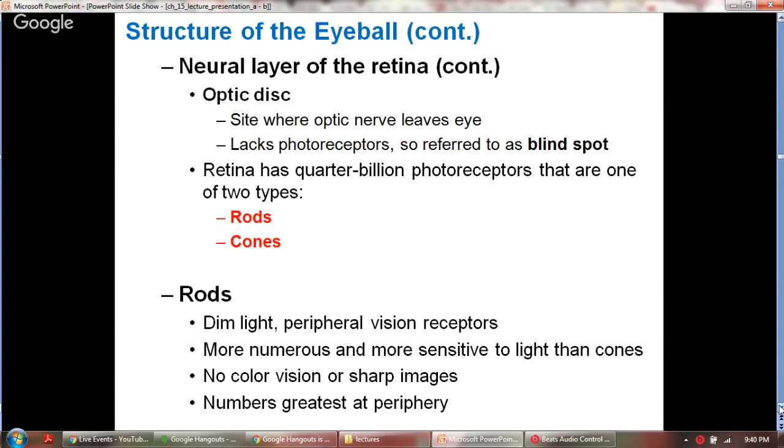Rods act in dim light and are involved with peripheral vision, and they are more numerous and more sensitive to light than cones. So there is no color vision or sharp images with rods, and rods are greatest in number at the periphery.